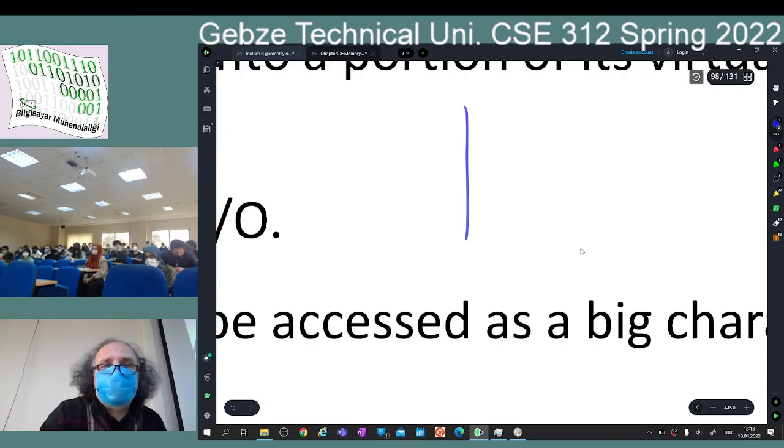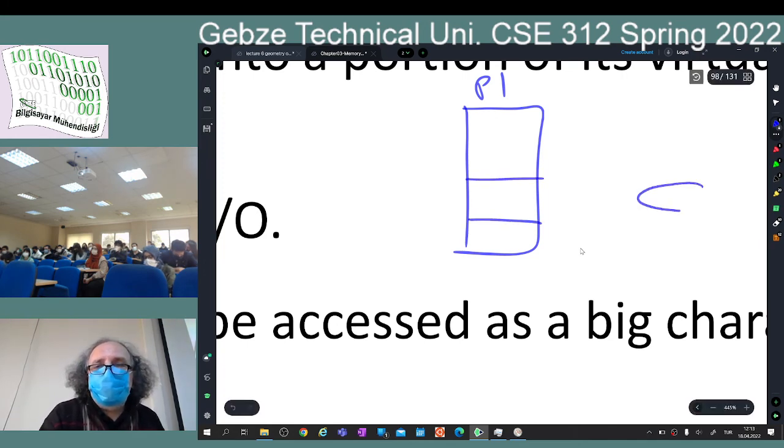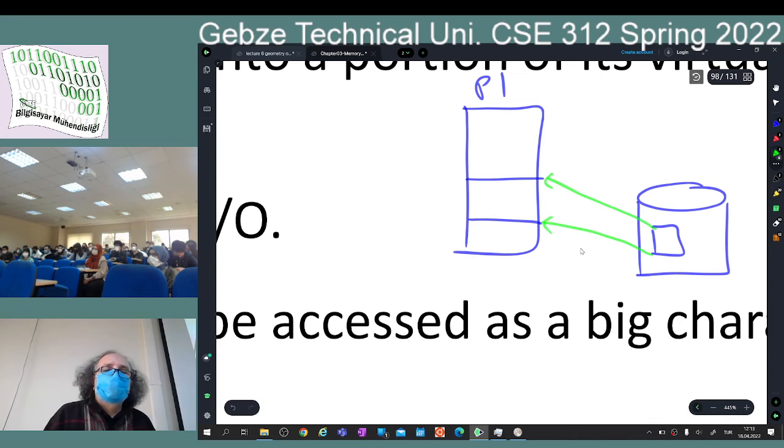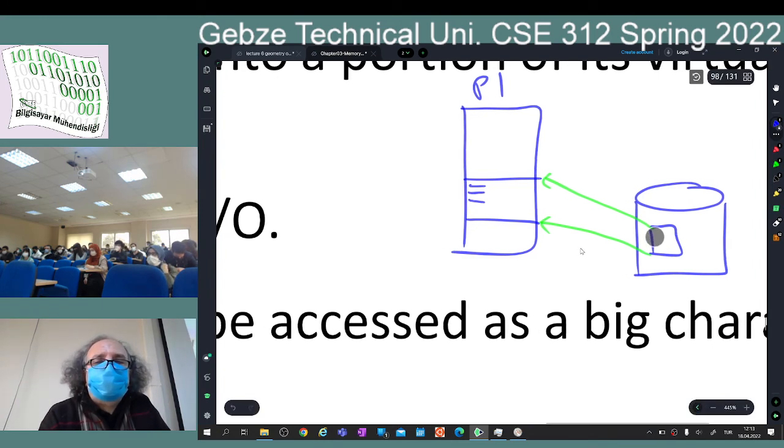If this is my virtual memory for my process 1, I can ask the operating system, map this disk file to this position. So whenever I read a byte from this position, I am actually reading bytes from this disk position, actually disk file.